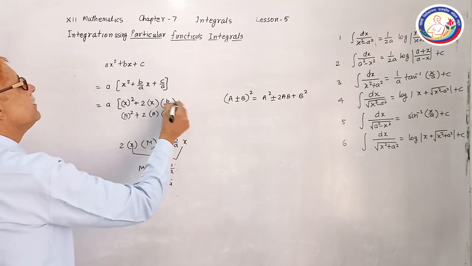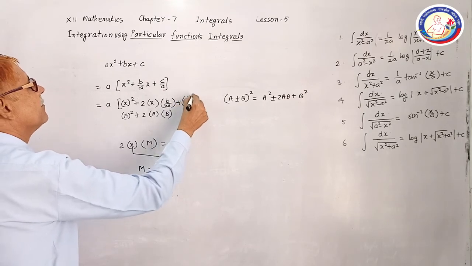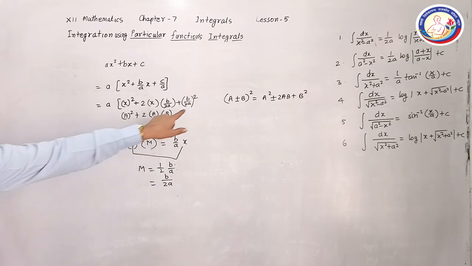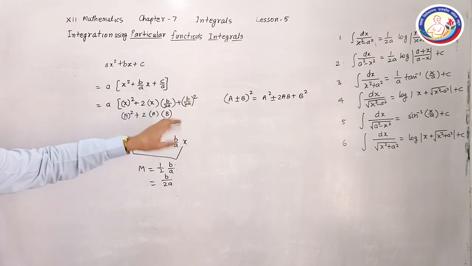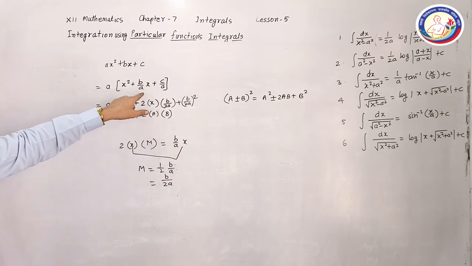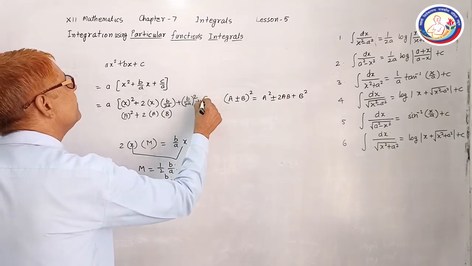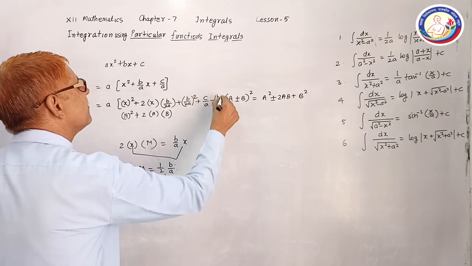So this is the way. Now add b by 2a square here. We have added square of b by 2a. It means the half of the coefficient of b x, its square. Then we will subtract it from c by a minus b by 2a square.